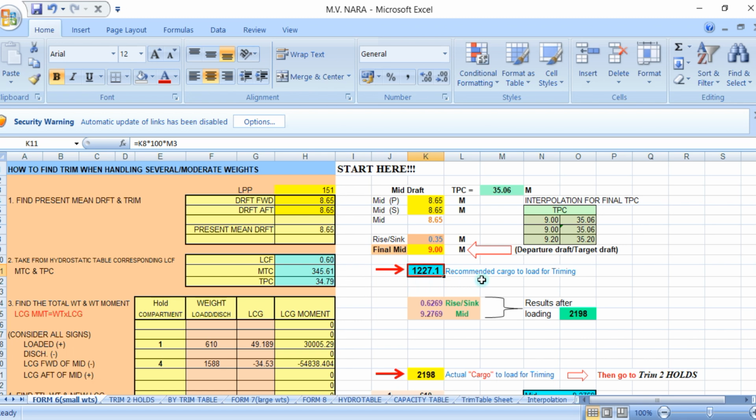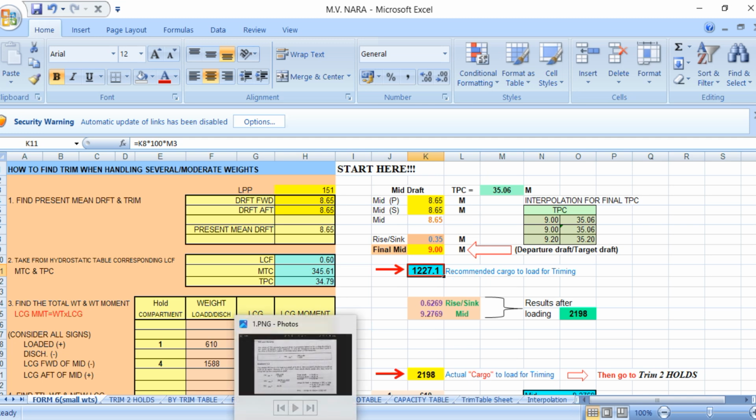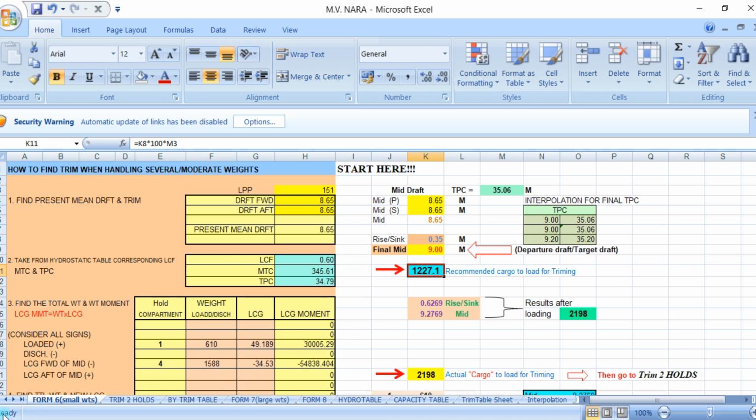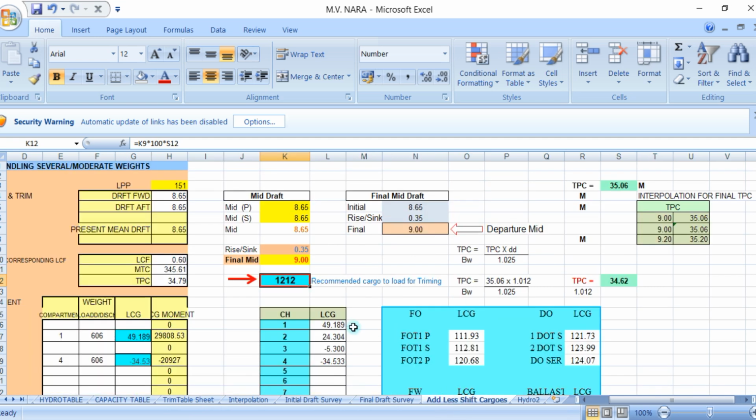That will be your answer, 1,227, and what we had was 1,212 because we use the density of 1.012. That's why it is less.